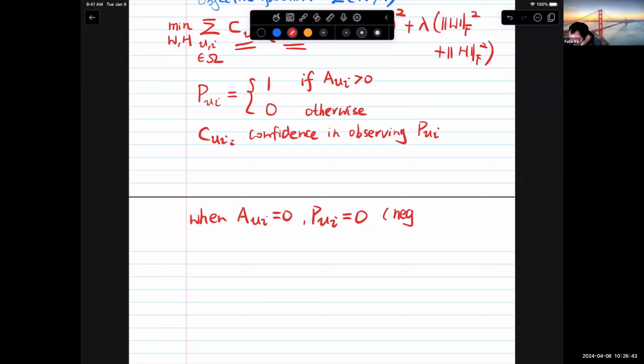One is negative, one is unobserved. That means I didn't actually see these things. Okay, so that means I should have a lower weight of CUI, because I'm not confident whether this is 0, meaning a negative, or unobserved.